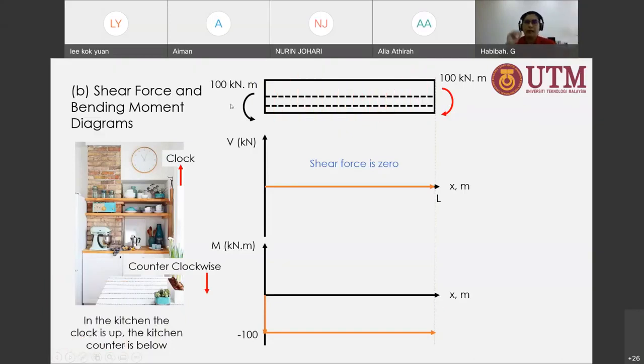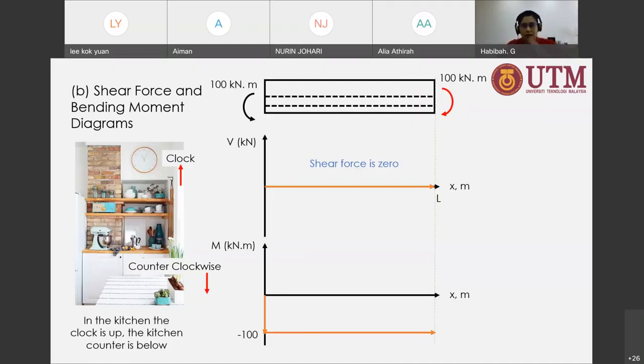And then you can see at the end, at L, at the end of that beam, there is a reaction that we calculated just now. Okay, so that is 100 kilonewton meter. So that is your point in your load diagram. It is going clockwise. So when it's clockwise in your load diagram, in your bending moment diagram, it must go up.